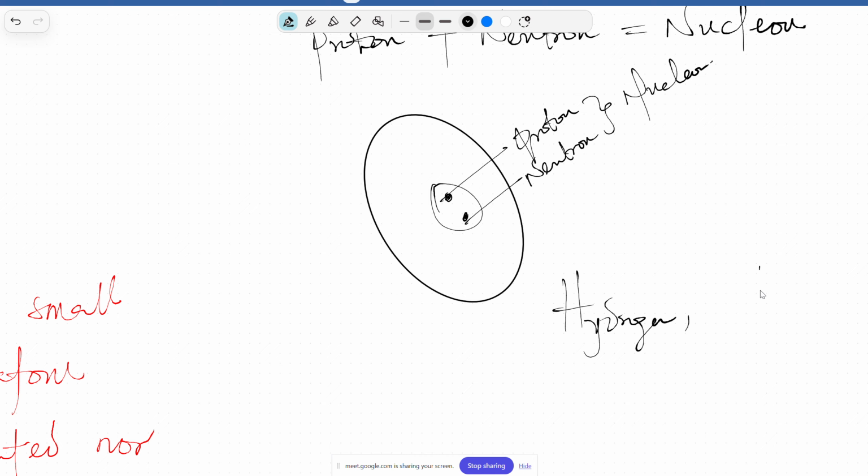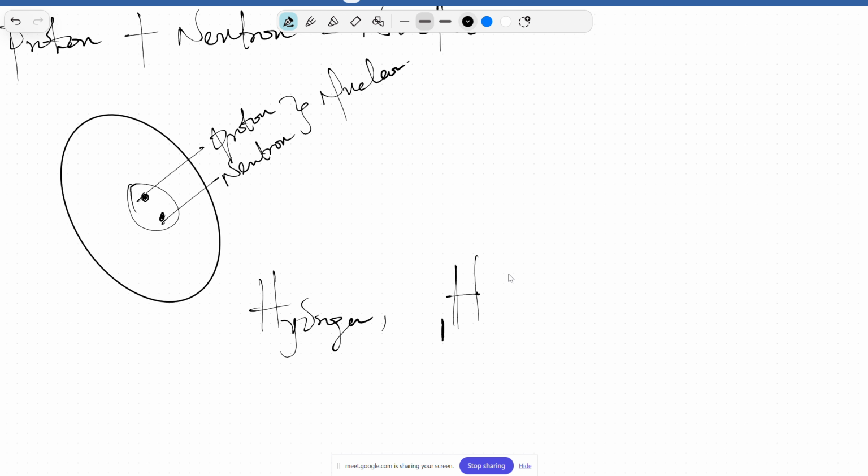Let's say the letter H for hydrogen. You have the atomic number usually written just beside it, towards that side. This small number is the atomic number, a subscript.